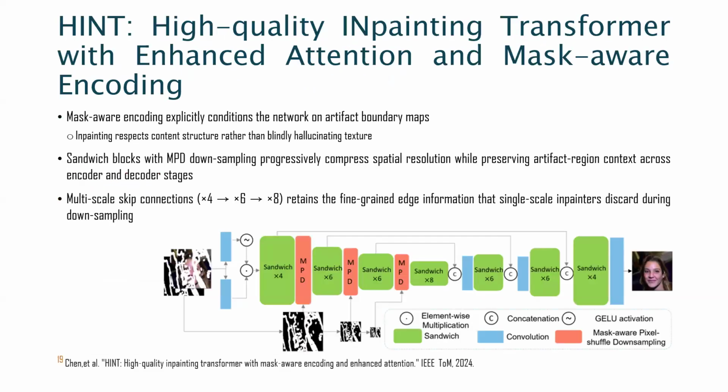Moving on, the second is the HINT paper, which was proposed in the IEEE Transactions on Multimedia in 2024, in which they propose mask-aware encoding with explicit condition for network artifact boundary maps, in which they generate masks for those artifact regions and try to in-paint them.